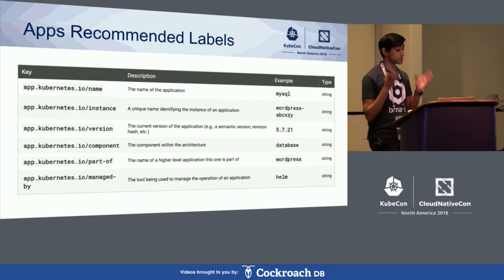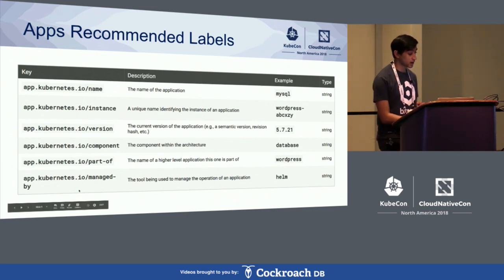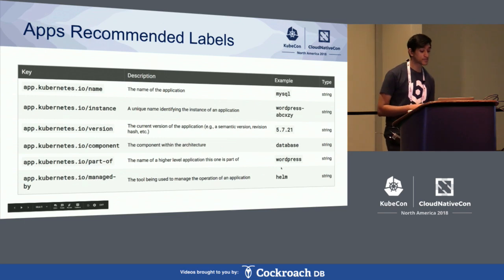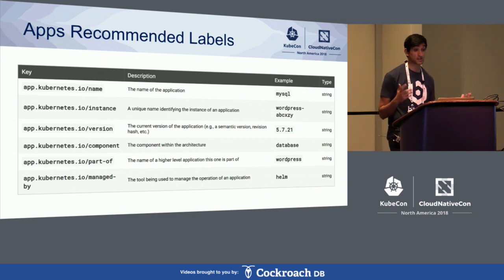The deployment or the stateful set for MySQL would have a label saying app.kubernetes.io/name: MySQL, but it would also have a label, part-of, that says it's part of the WordPress bundle of resources. And that just makes it easier to group those resources and find them.